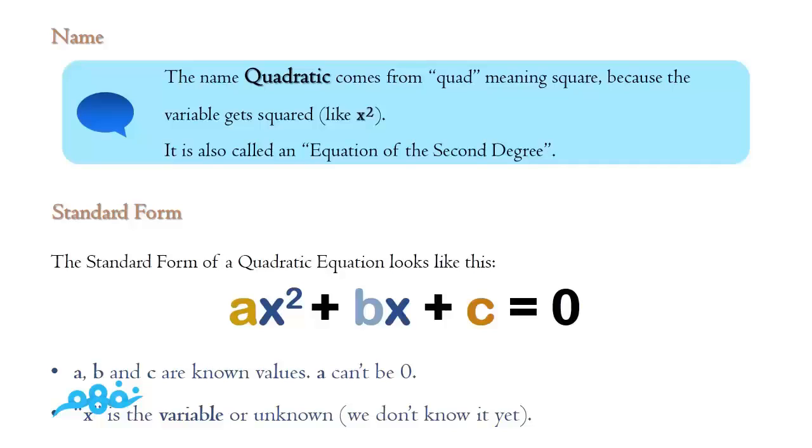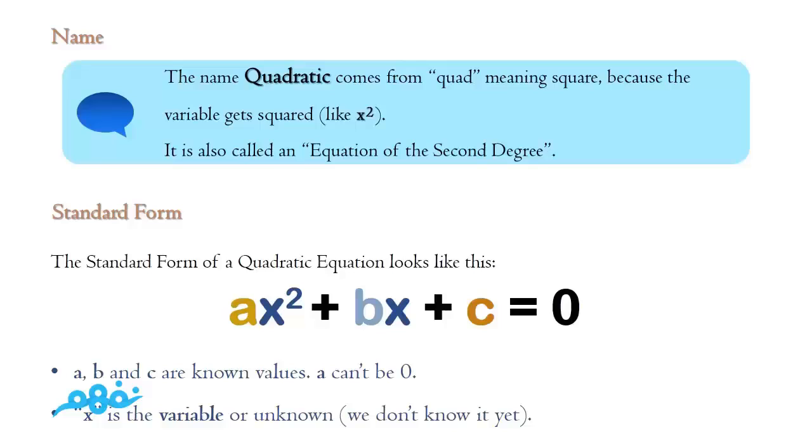which is the power of the leading coefficient. And here's the standard form of the quadratic equation. It looks like a x to the power 2 plus bx plus c equals 0, where a, b, and c are unknown values. These values can be anything except a. A mustn't be 0, because when a equals 0, there is no quadratic function anymore.